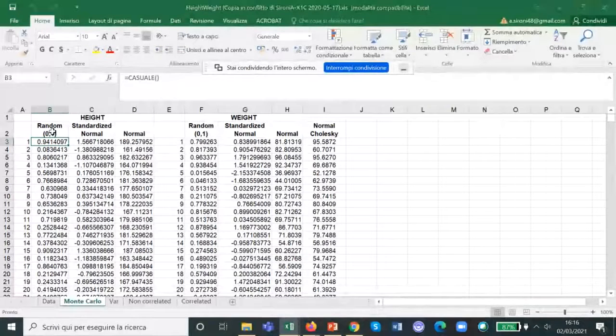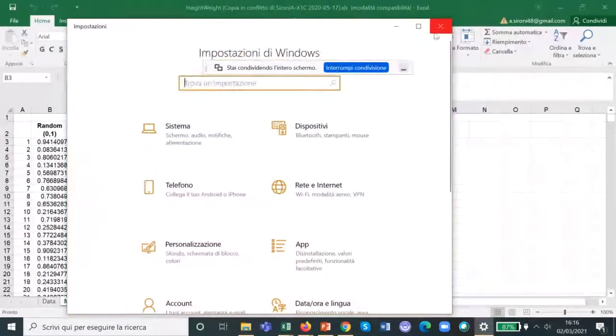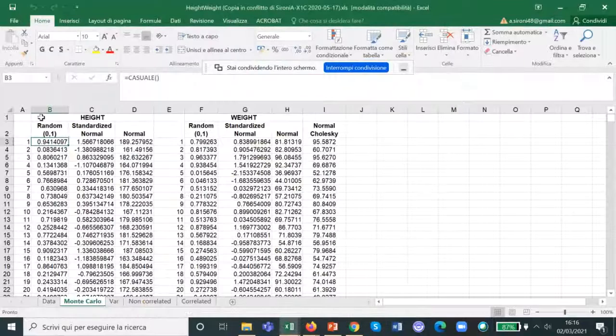If I press F9, these are different 1,000 values, okay? Now, here I have the corresponding standardized normal value, exactly what we did.